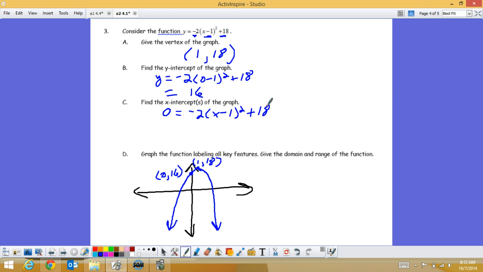So what we're going to do is we are going to get this squared part, this piece right here, by itself. And we're going to do that by subtracting the 18 and dividing by -2. So then 9 is going to be equal to that squared portion.